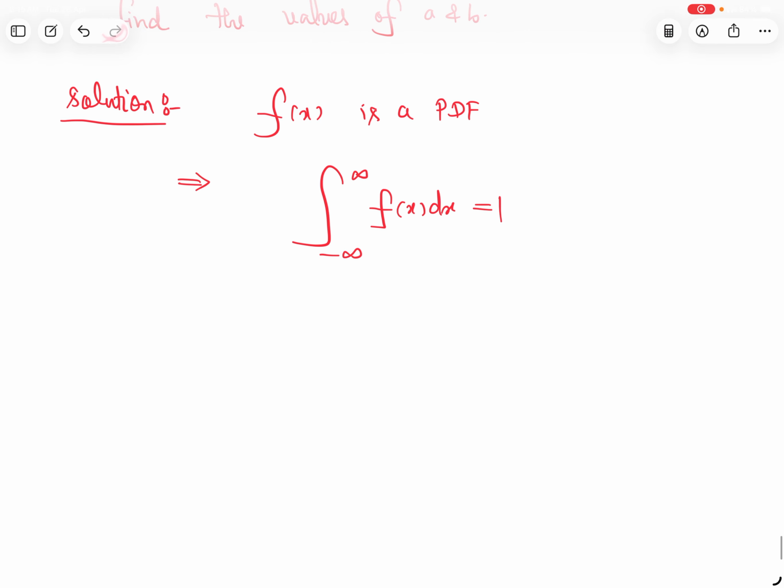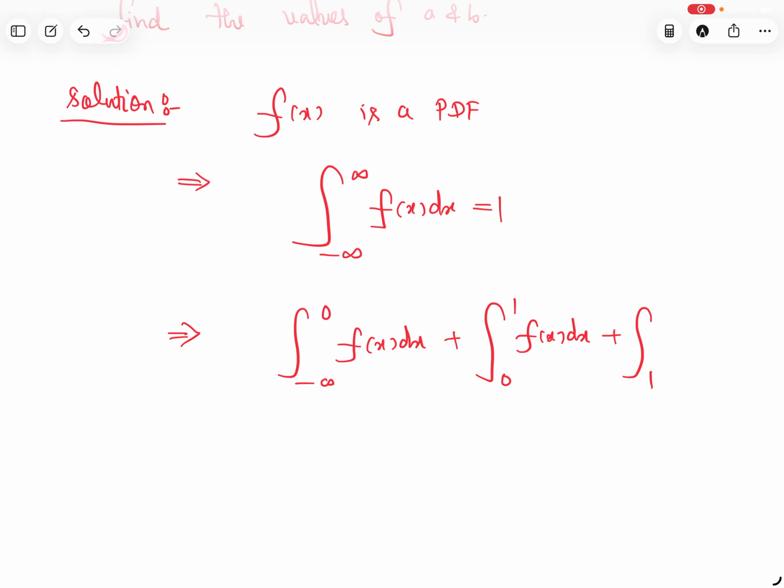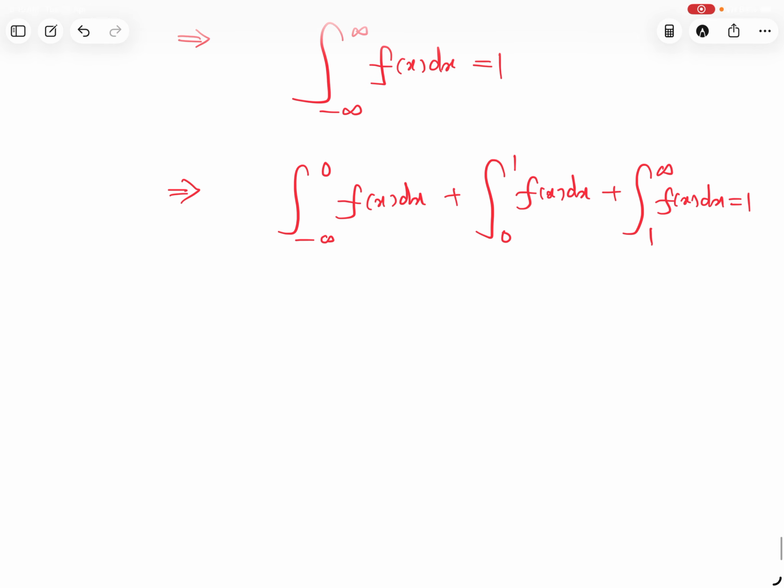We can break this integral into minus infinity to 0, 0 to 1, and 1 to infinity. f(x) is 0 from minus infinity to 0, so that part is 0. From 0 to 1 it is given as ax plus bx square dx.